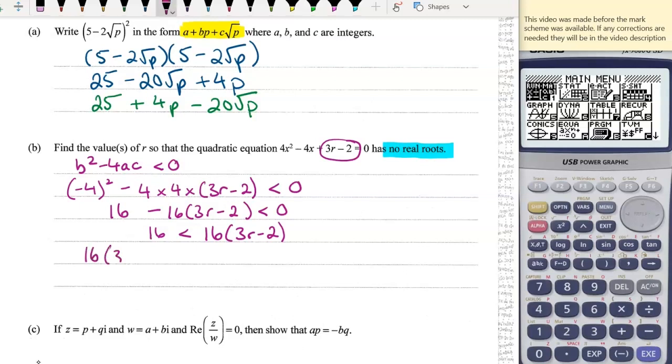So this would be 16, 3r minus 2 is going to be greater than 16. So if I swap those two over to the other side, I'm turning the entire equation around, so the inequality needs to switch over too. So now 3r minus 2 will be greater than 1. So r has got to be greater than 1 plus 2, which is 3, and then divide it by the 3 is 1.